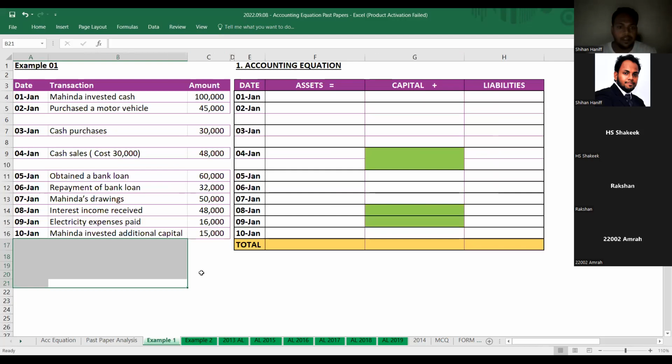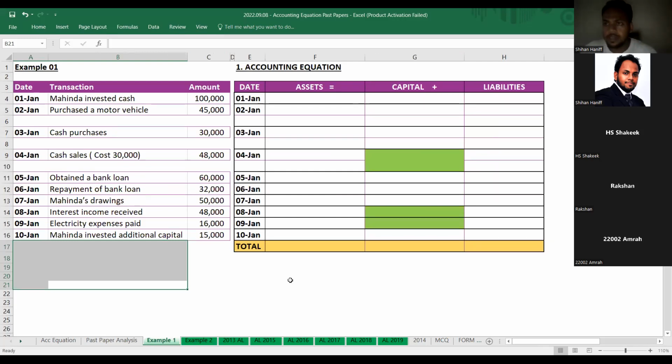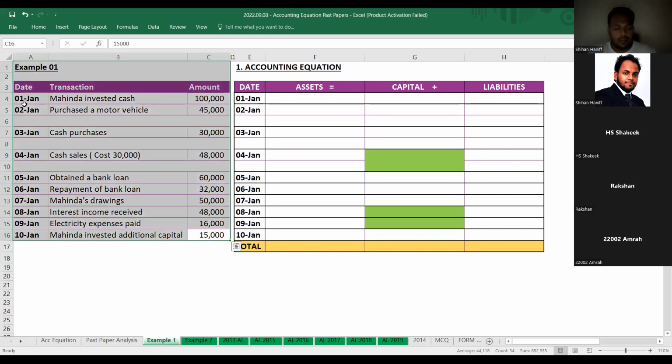Can you all quickly do this example? Take your books, take your pens. Let's do this. Easy, right? We will start from the basics and we will do more and more complex questions. Can you start this?